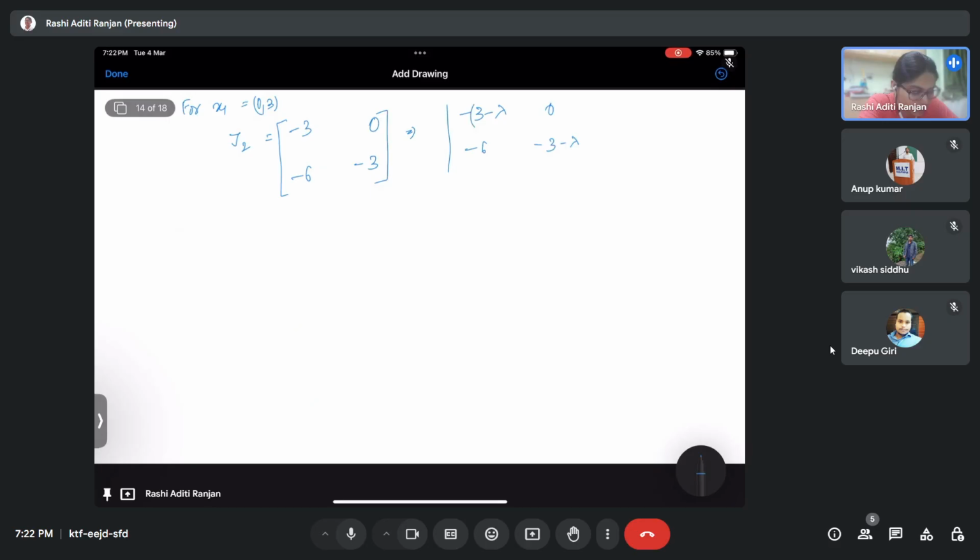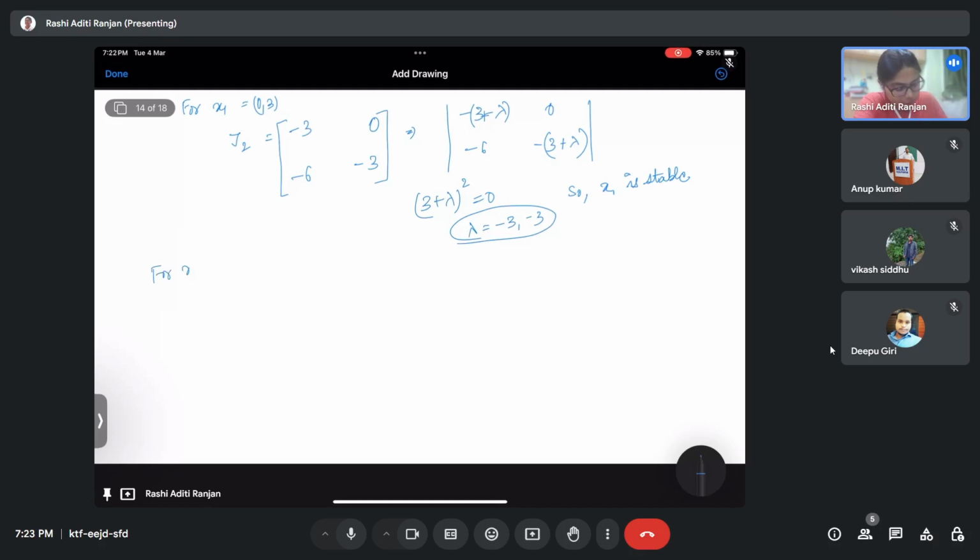Taking the minus common, this will be 3 plus lambda whole square equals 0, so lambda equals minus 3, minus 3. So x1 is stable. Why? Because both the eigenvalues are negative.